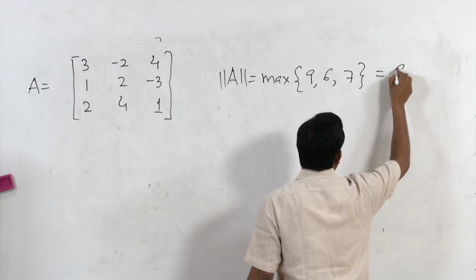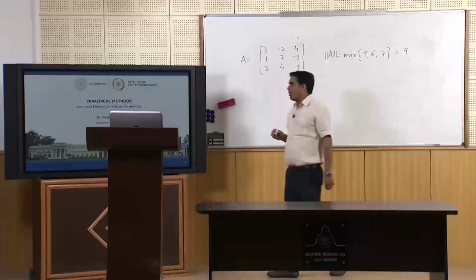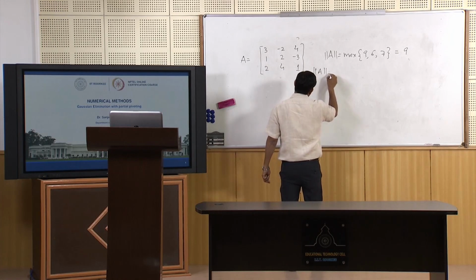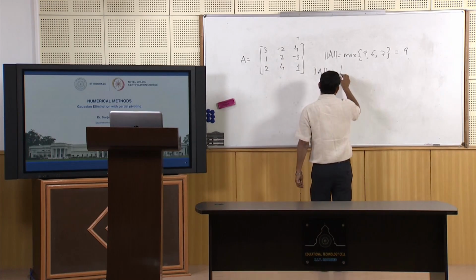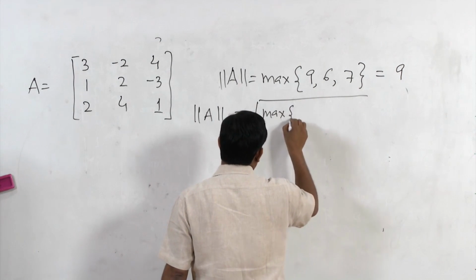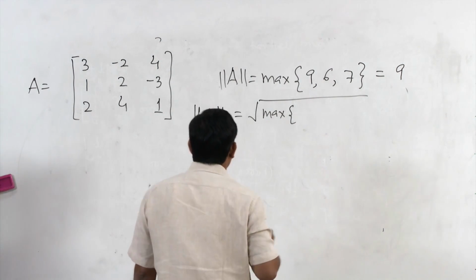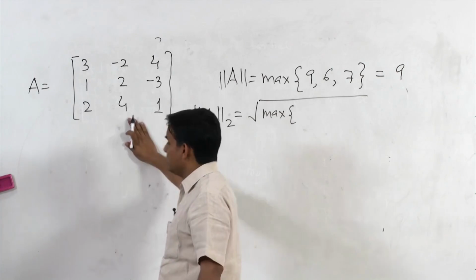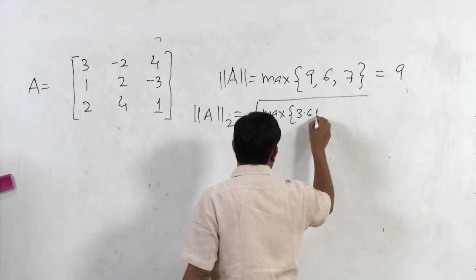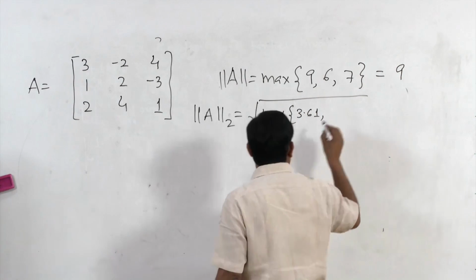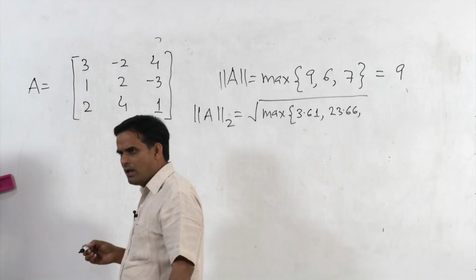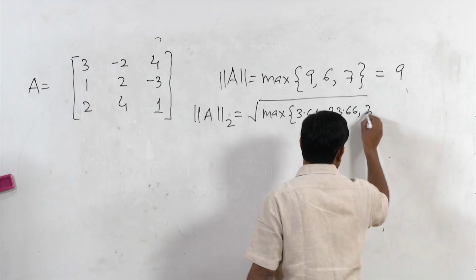So it is 9. On the other hand, the Euclidean norm for this particular matrix will be the square root of the maximum of the eigenvalues of A transpose A. A transpose A has the eigenvalues 3.61, 23.66 and 36.73.